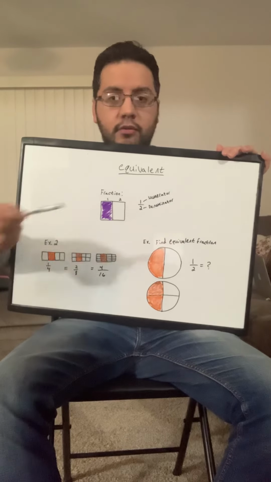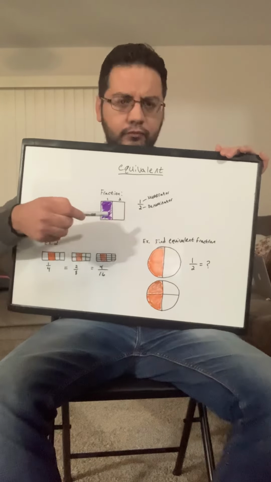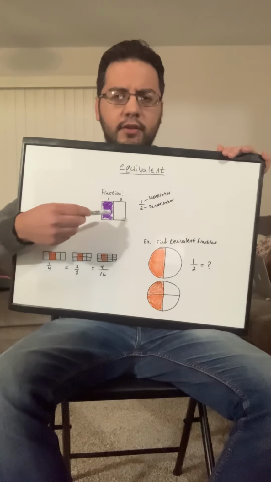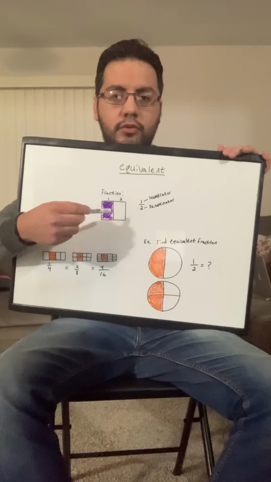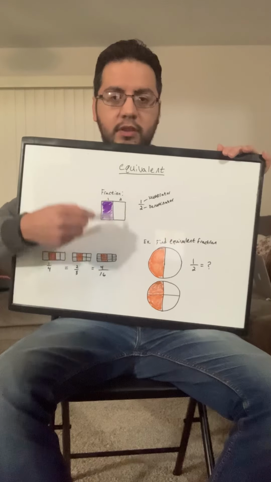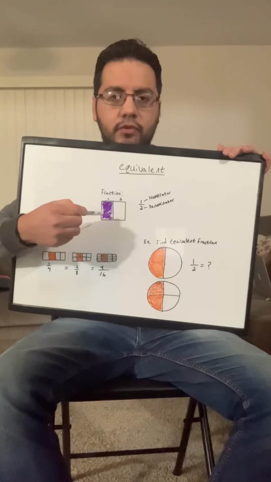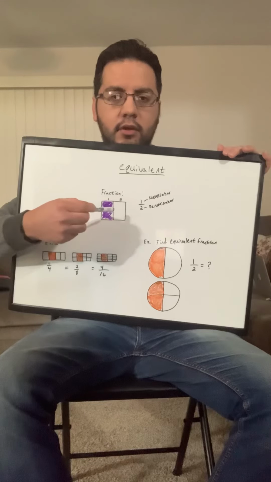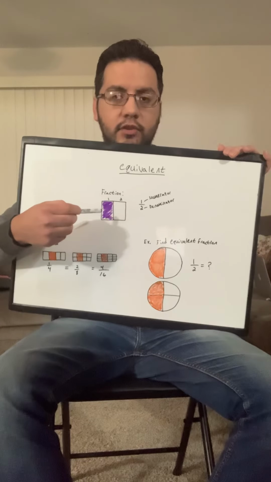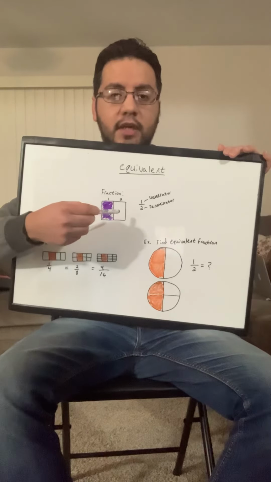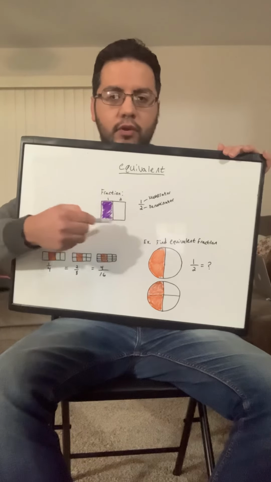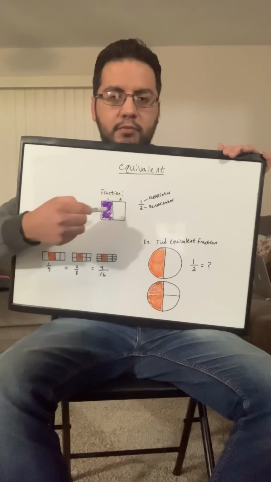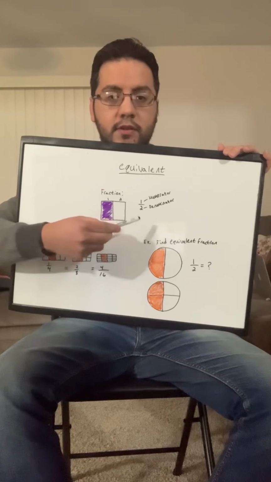So what's a fraction? Let's review. Let's take a look at this box here, where you have a box that's split in half, and you have two separate pieces. One piece is shaded, and the other piece is not. So, like I said, you have one box that's split into two equal pieces.